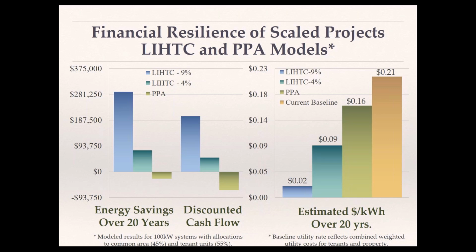As we compared these, we tried to do it on a level playing field. For the LIHTC, we were factoring in the ITC as well as the housing tax credits and O&M cost, trying to discern what the cash returns are.